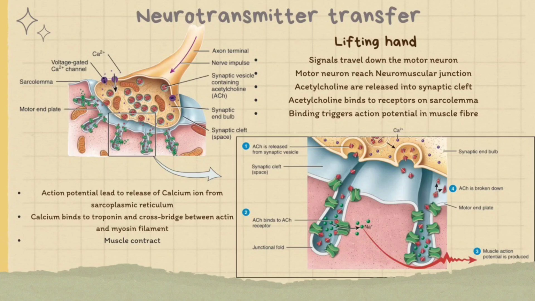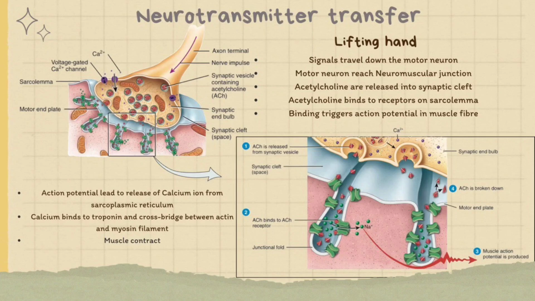This process starts from the motor cortex of the brain, which generates neural signals. The signals will then travel down to the motor neuron, and then the motor neuron will reach the neuromuscular junction, which connects the motor neuron and the muscle fiber. This will ultimately lead to the release of the neurotransmitter, namely acetylcholine, into the synaptic cleft, which will then bind to the receptors on the sarcolemma and trigger an action potential in the muscle fiber.